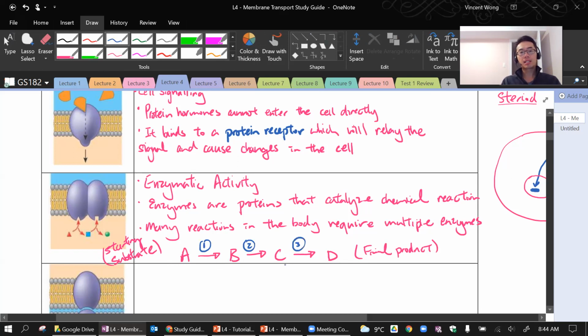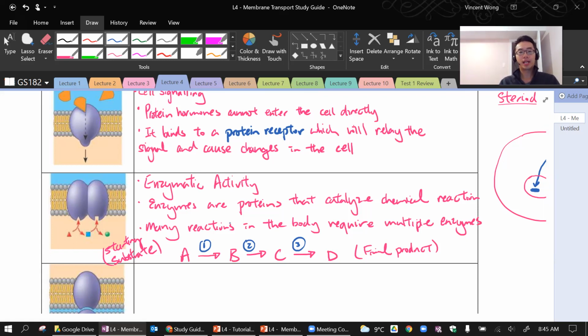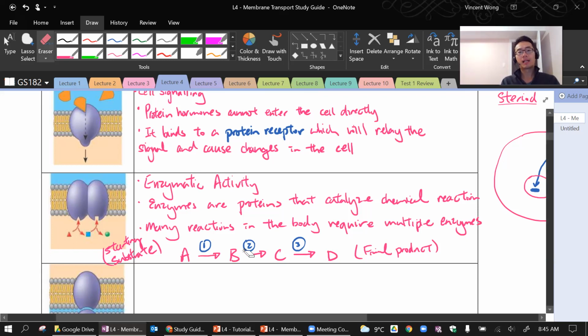Sometimes it's easier if you put those enzymes close to each other, so that the product from the first reaction doesn't have to diffuse around to find the second enzyme. It's right next to the first one, and then you can catalyze the reaction much quicker.